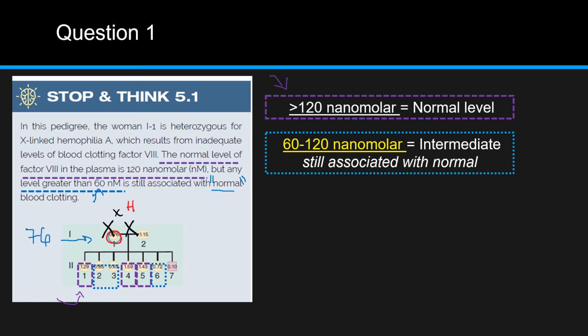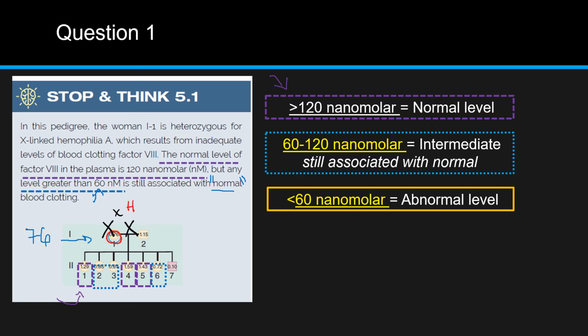This is much lower, lower than 60 nanomolar, so it will be an abnormal level. Remember that this is a male, and the lowest level there is the male that only has one X chromosome.